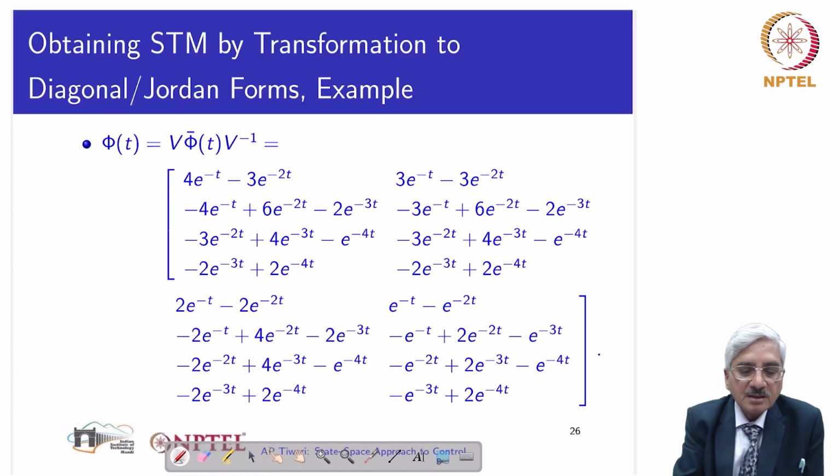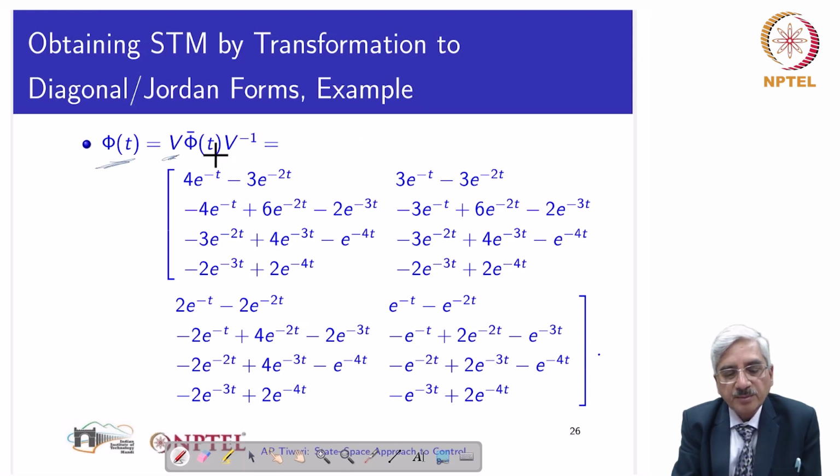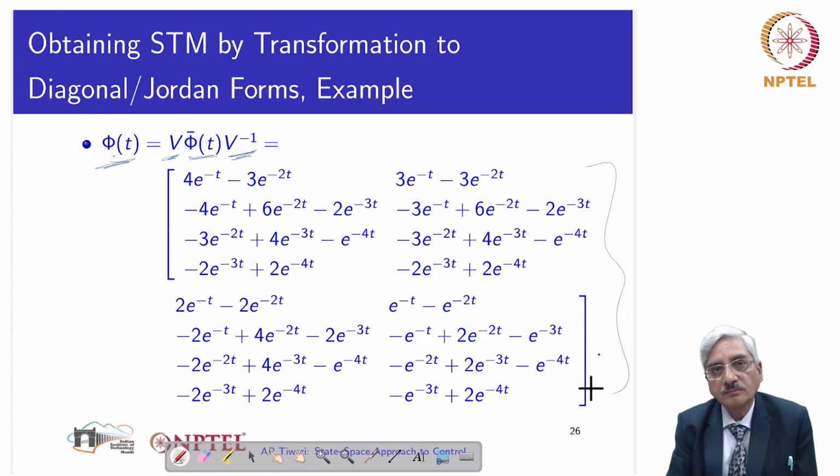And once phi bar is available, then phi t is the transformation V pre-multiplying phi bar and the inverse of V post-multiplying that. So we get phi t as this. Now every time I suggest that once we obtain phi t, we should at least check that phi 0 is an identity matrix.